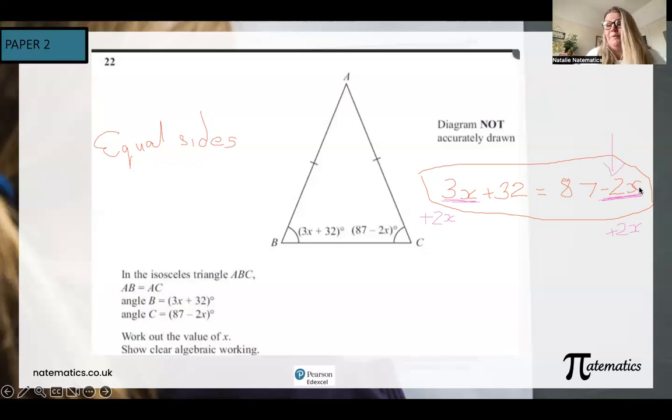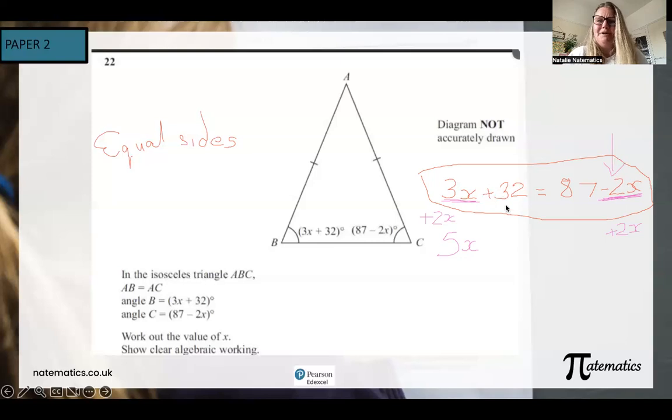The reason I suggest doing that is when you're going through these and you're not 100% sure on the method, you need to think, well, okay, 3x plus 2x gives me 5x. Now remember, x's are the same, they represent the same number, so you can group those together.